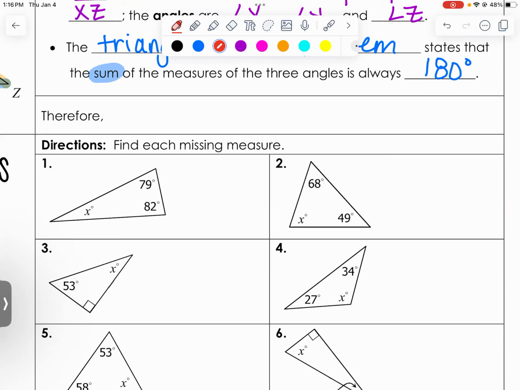Okay, so this is what we know. The measure of angle X plus the measure of angle Y plus the measure of angle Z equals 180. Why am I putting M right there? M for measure. That means, how many degrees is it?